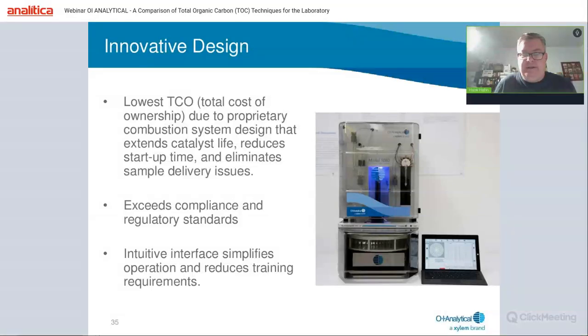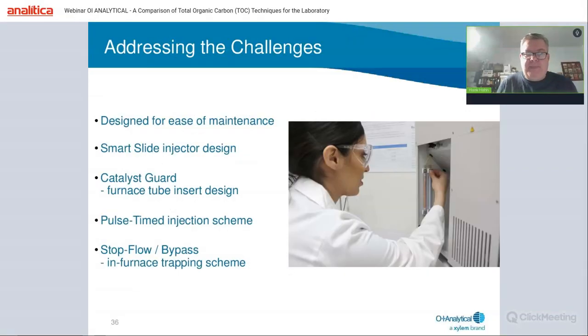It complies with most of the regulatory standards. It is software driven, with an intuitive interface that simplifies operation and reduces training requirements. It was designed for ease of maintenance, very easy to get into: several screws to get into the side panel to get to the combustion tube, and one screw to lift the top to get to your permeation tube.